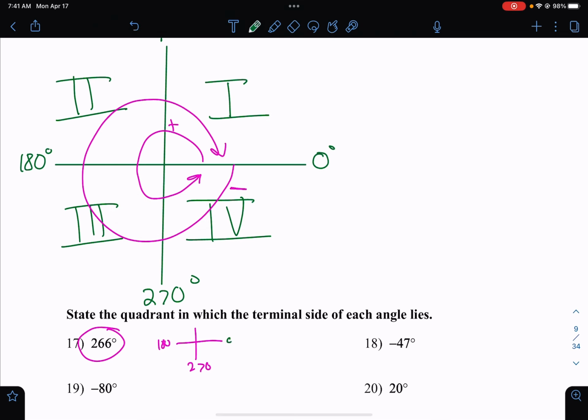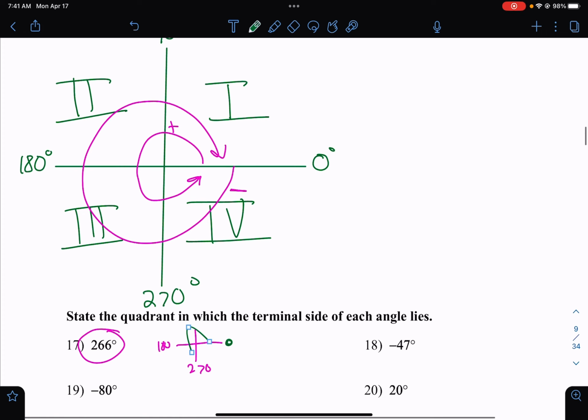Remember, we're always going to start at our 0 marker. So if we go around in the positive direction, 266 is going to stop right before the 270. So this is going to be in quadrant 3.